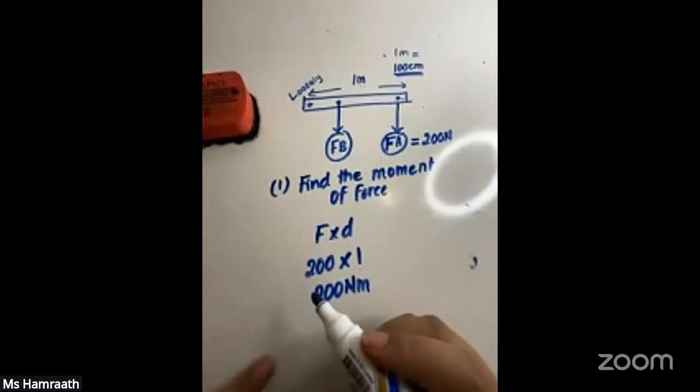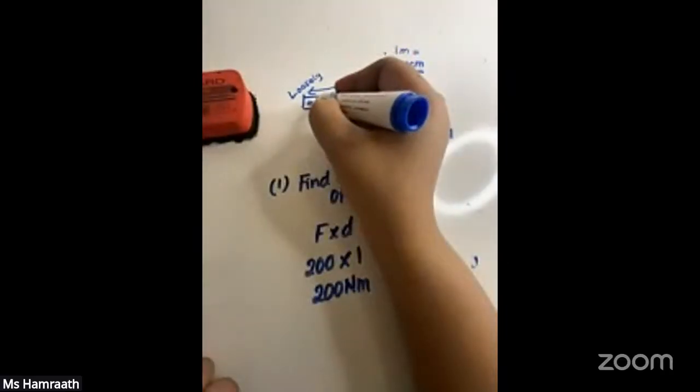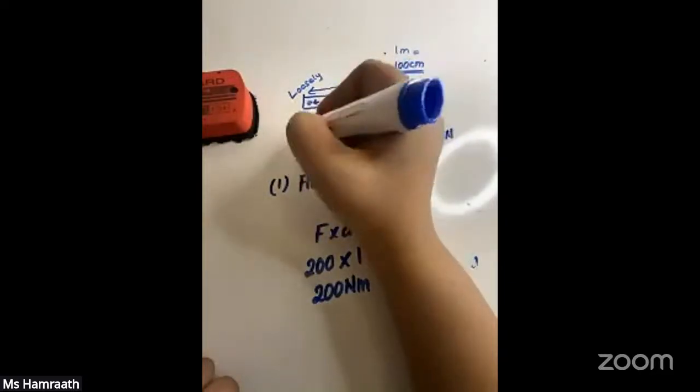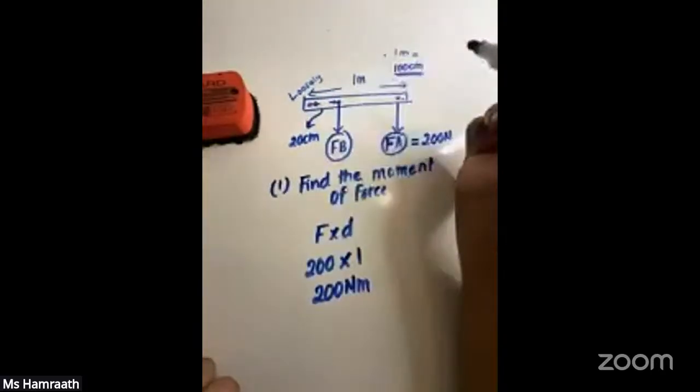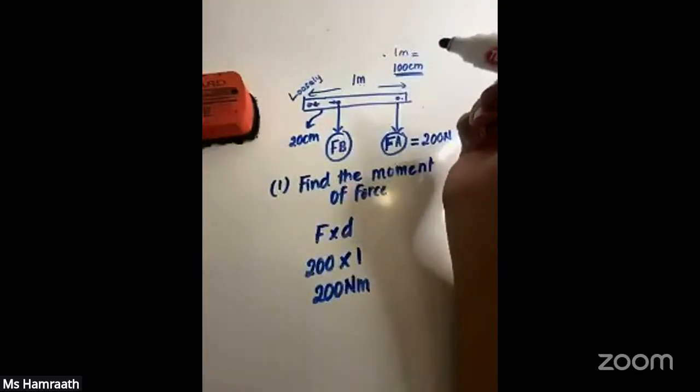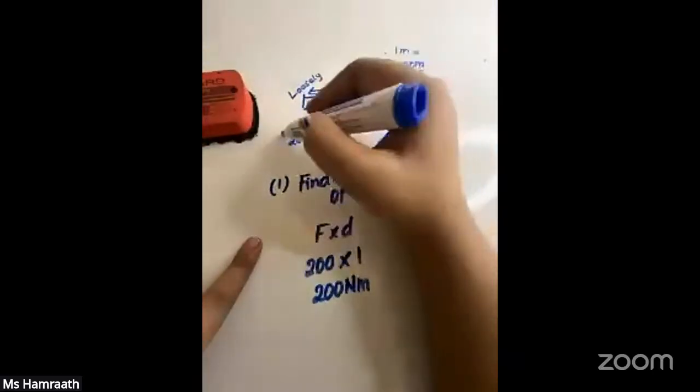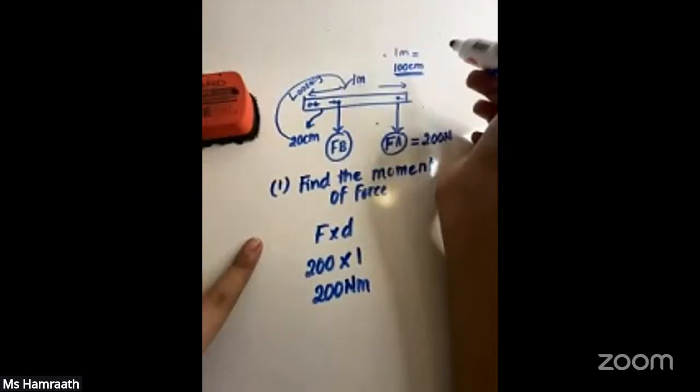Then again, they will say from this point to this point, they have given you the distance as 20 centimeter. Now listen to me carefully. If they have given it in centimeter and I want to convert it into meter, what am I supposed to do?